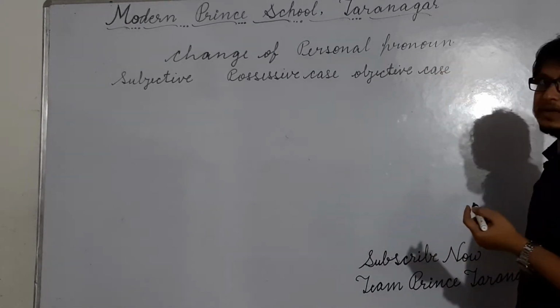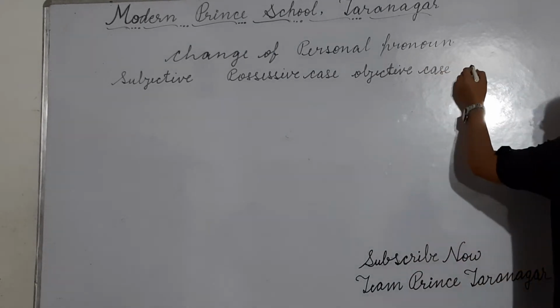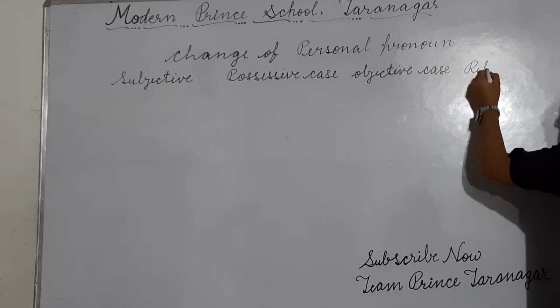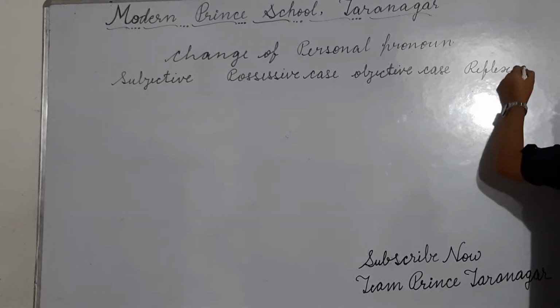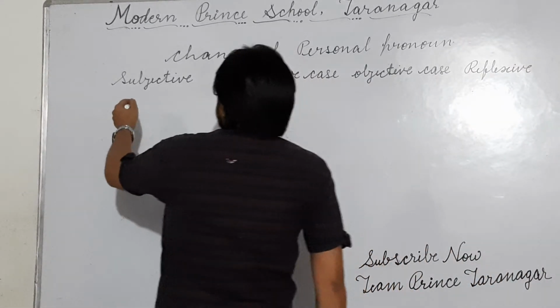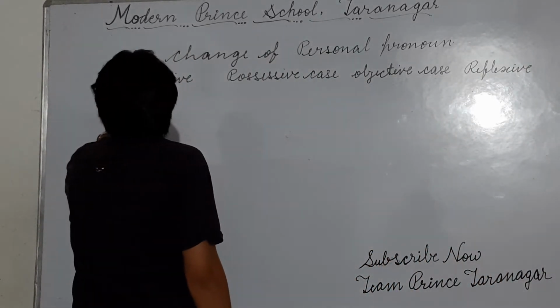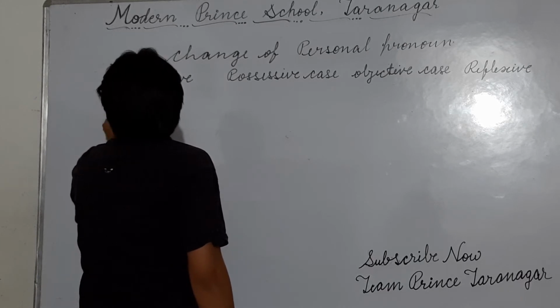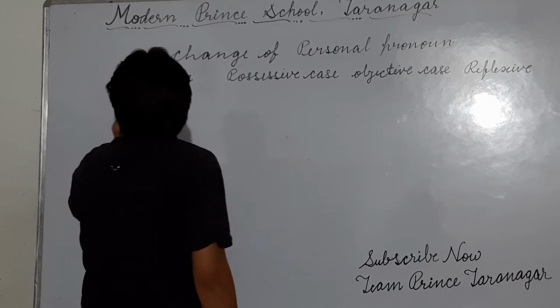And the last one is reflexive case. Subjective case: number first, I and we.